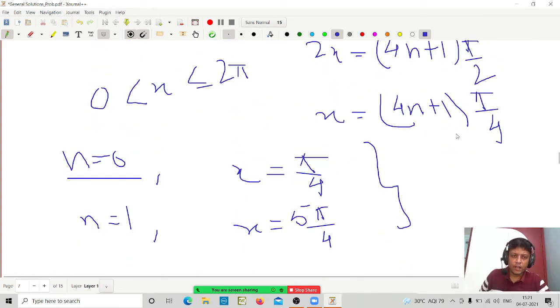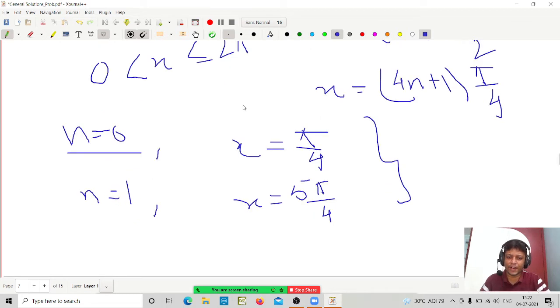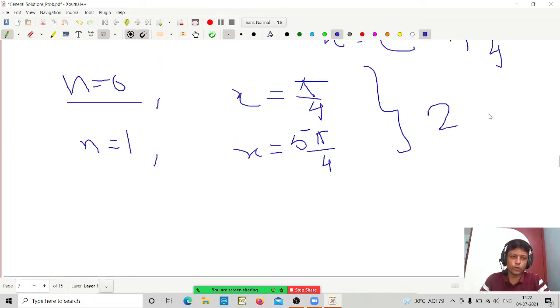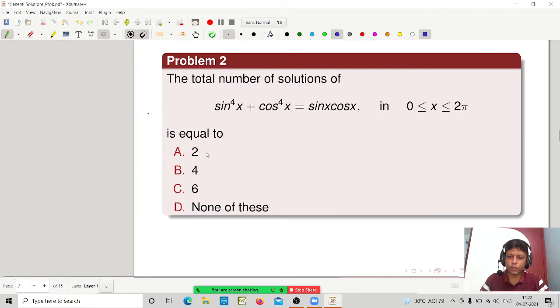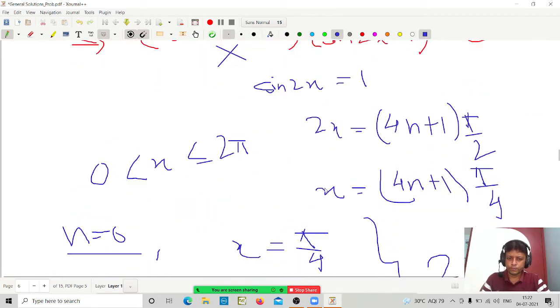But if you substitute n equal to 2, it will be 9 pi by 4, which is more than 2 pi and exceeds the range. So you have only two solutions satisfying that range. Your option will be A, because 2 is the answer. Everybody, this is the solution of problem 2. Let's move on.